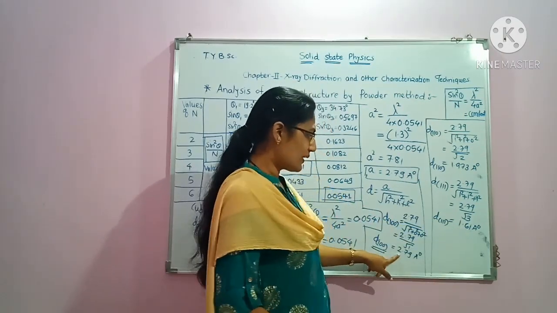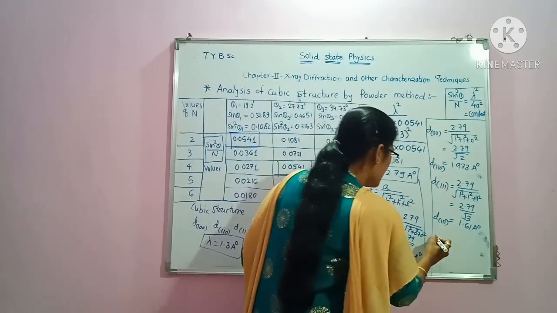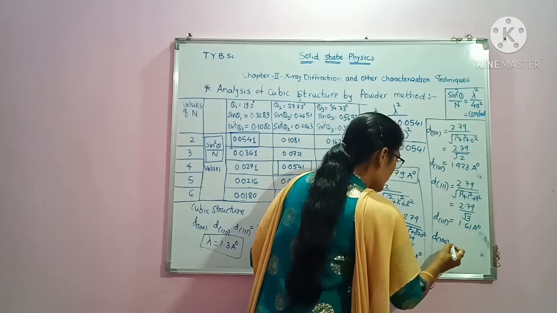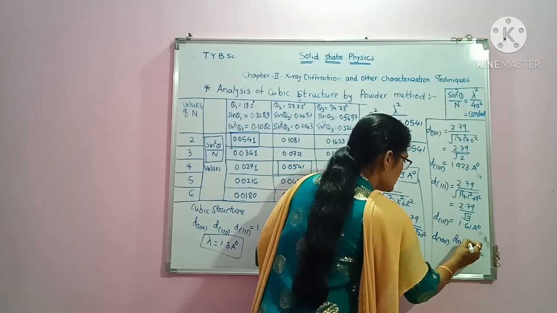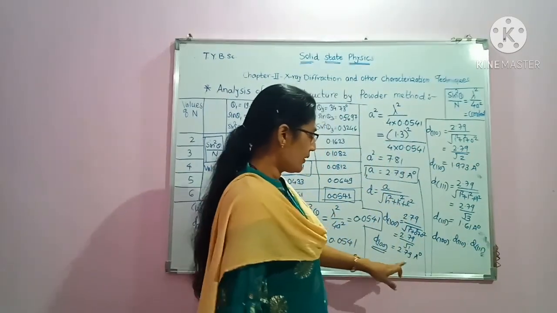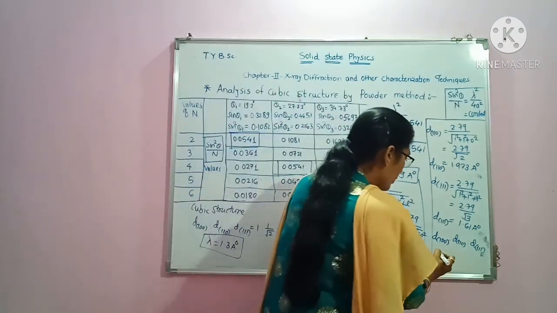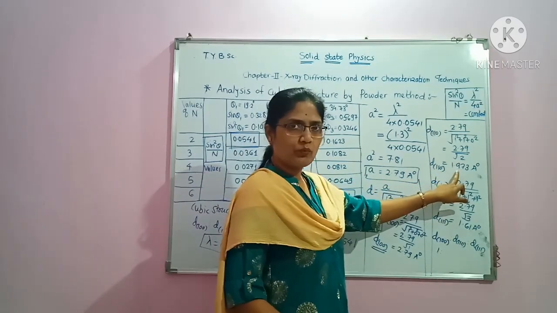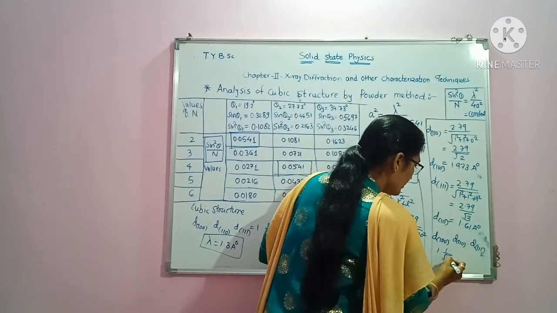After dividing by 2.79, it means that D100, D110, D111: if we divide the first value by 2.79, we will obtain 1. If we divide the second value by 2.79, we will obtain 1 upon root 2.